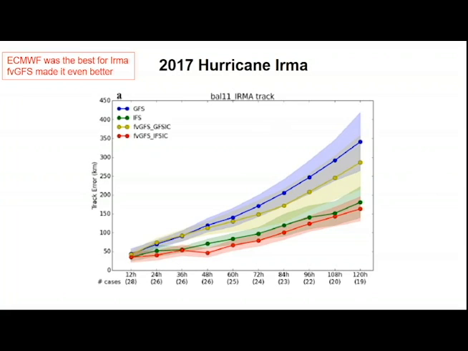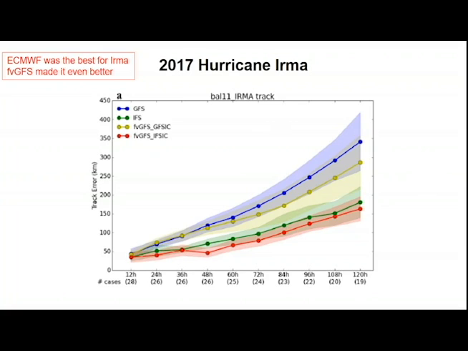Every single case, twice daily. For Hurricane Irma, we know ECMWF did the best job, and GFS turned out to be the worst. So there are 4 models here: the GFS operational model and the IFS operational model, and 2 more models.